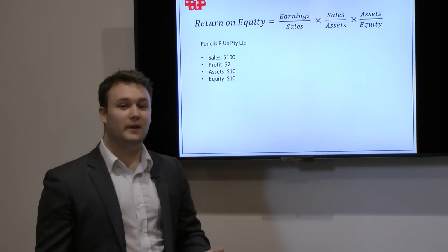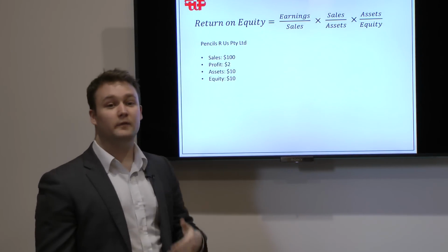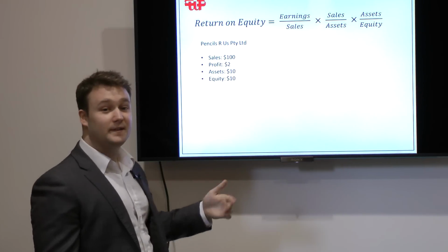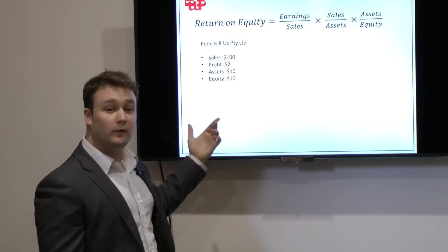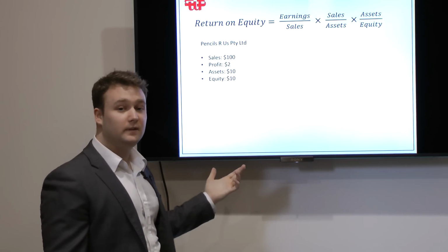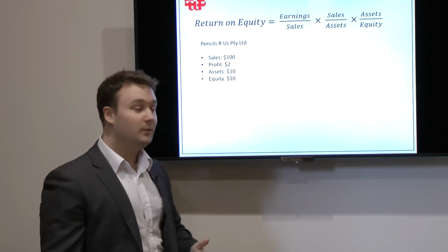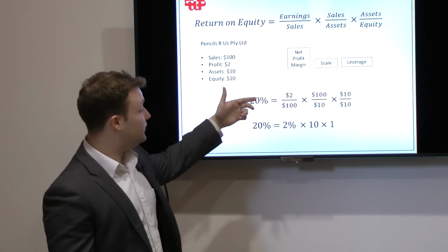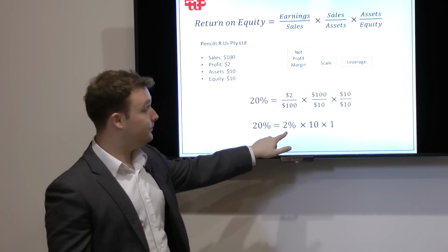Another company that we have here is under the inspired name of Pencils R Us Pty Ltd. Pencils R Us has sales of $100, profit of $2, assets of $10, and again equity of $10. Let's use the DuPont framework. We can see that the net profit margin is very, very low at 2%.